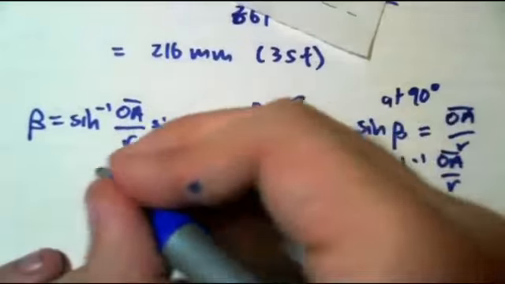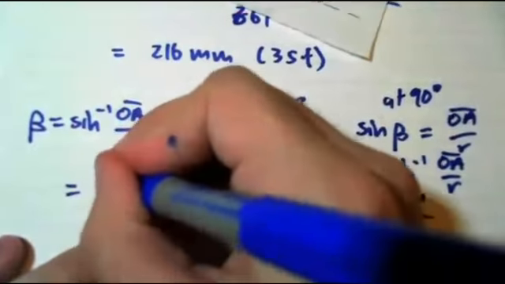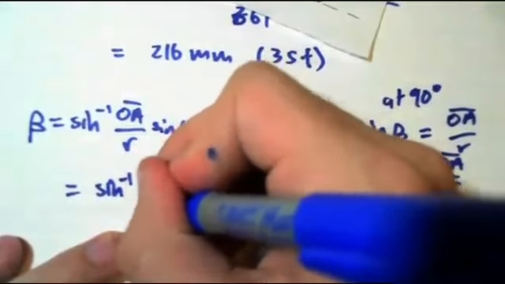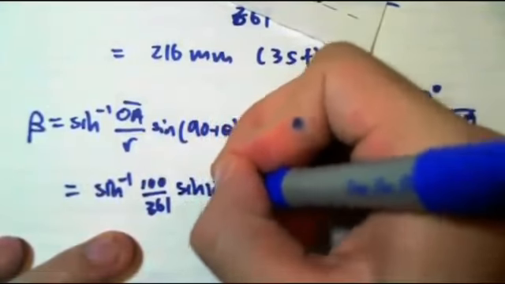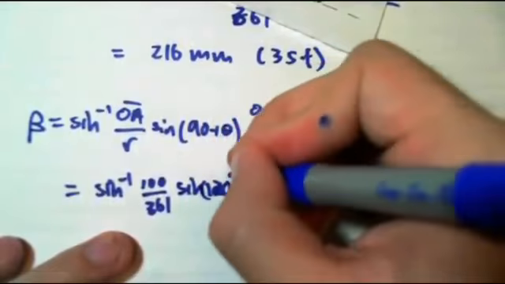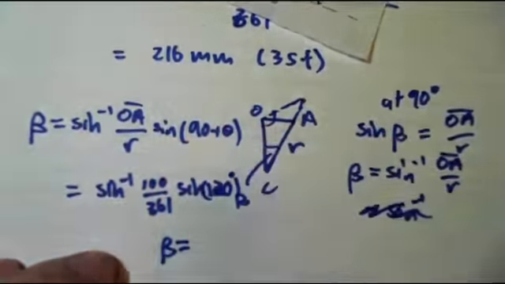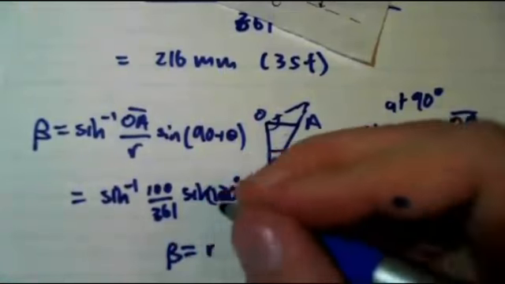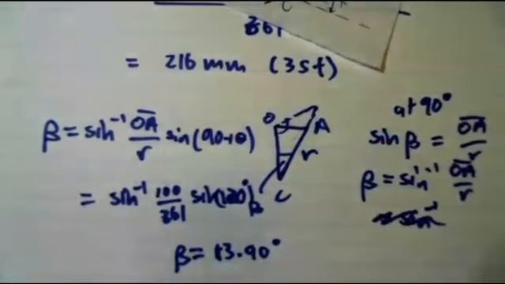Because we know what the magnitudes of OA and R are, that's equal to the sine inverse of 100 on 361 times sine 120, because it's at 30 degrees. So if we plug that in the calculator, we get beta equal to 13.9 degrees, or 13.90 degrees.